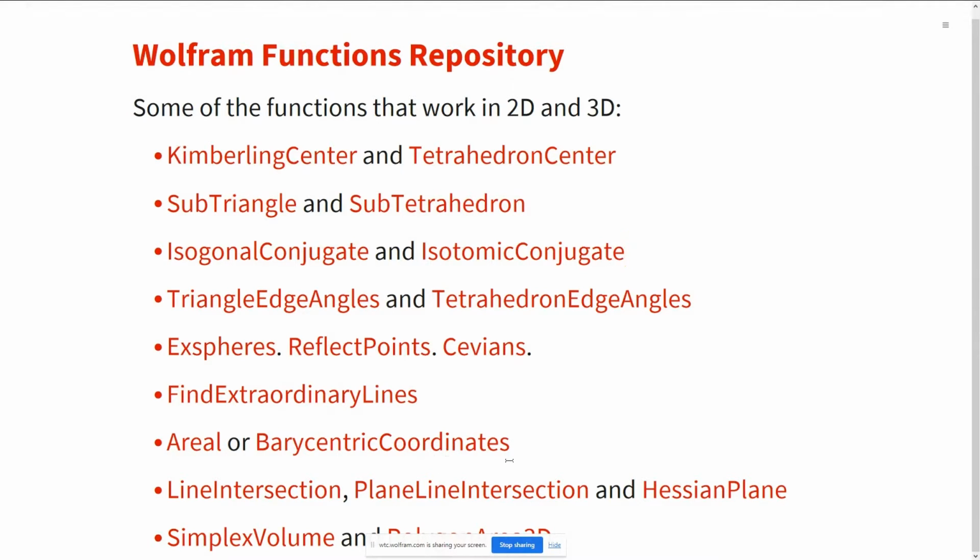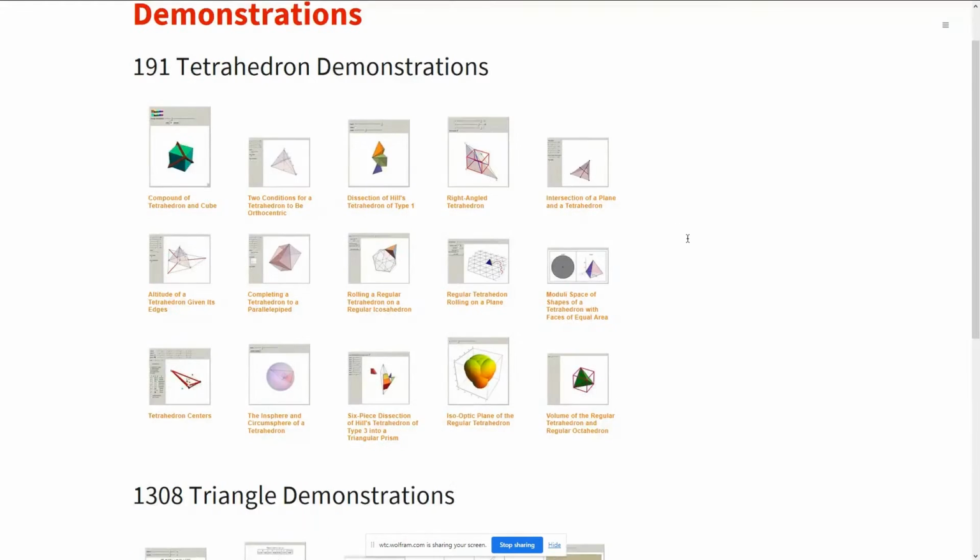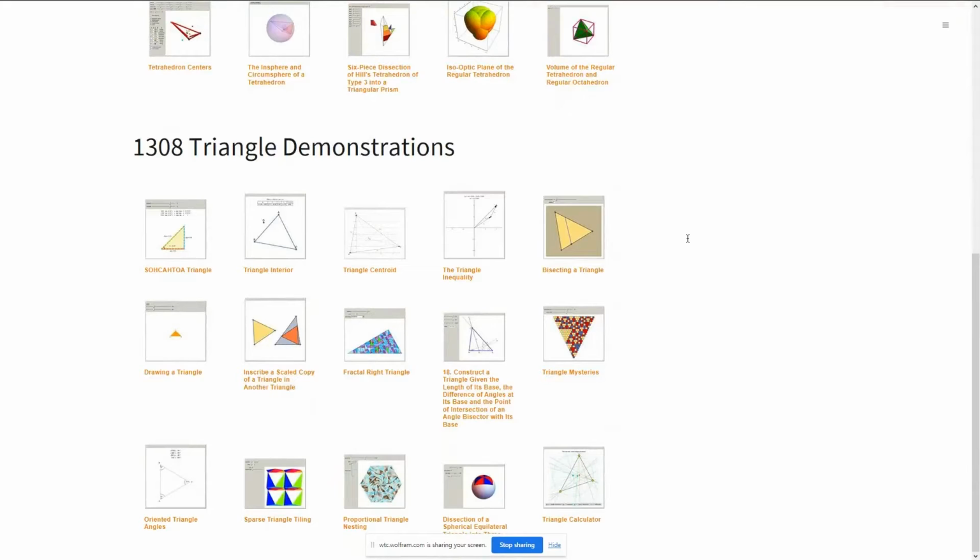Areal and barycentric coordinates work in both 2 dimensions and 3 dimensions, and so on. So I like functions that are multidimensional. We've also done a lot of demonstrations. We've got almost 200 tetrahedron demonstrations and 1,300 triangle demonstrations at demonstrations.wolfram.com.